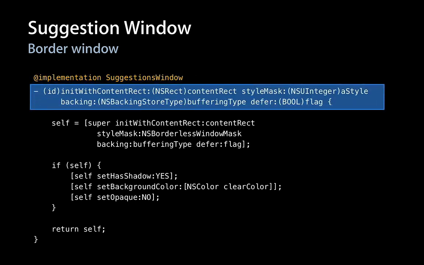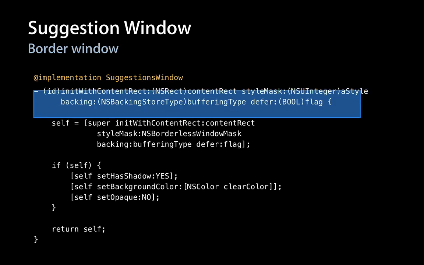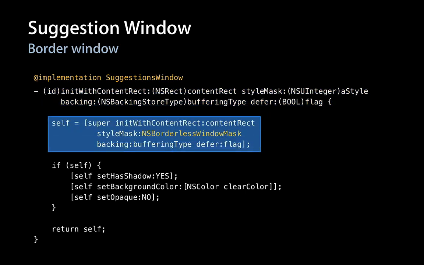In this window, the designated initializer is initWithContentRect:styleMask:backing:defer:. So we're going to override the designated initializer, and when we call up to super, we're always going to send the NSBorderlessWindowMask as the style mask. So regardless of what's set in Interface Builder, when this gets called, we're going to create a borderless window.